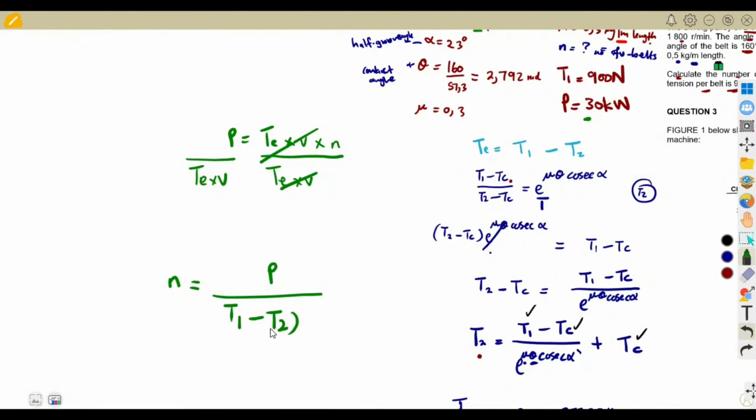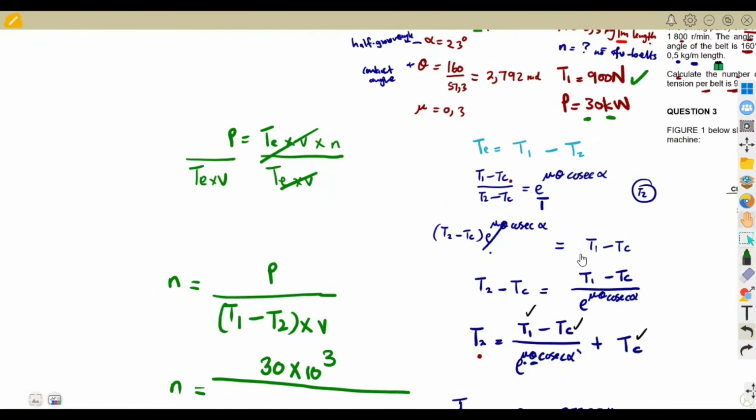You can calculate these aside, or you can just substitute, times the velocity V. We are going to have the number that corresponds to the V belt. So the number of V belts is P, our power, that is 30 kilowatts, so 30 times 10 to the exponent of 3, everything over the difference between T1, which is 900.